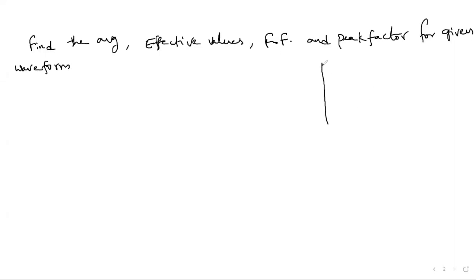Now they have given a half cycle as a square, and the maximum peak value given as 10.